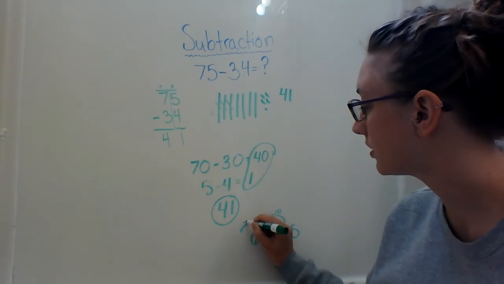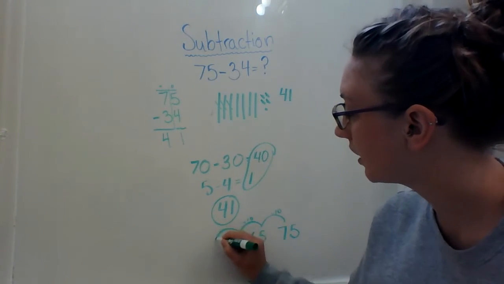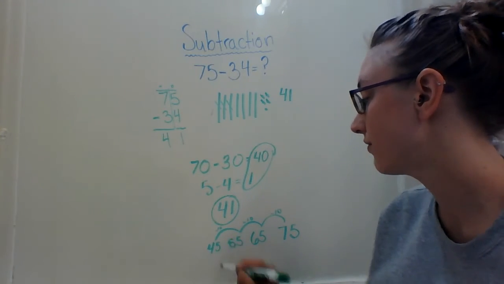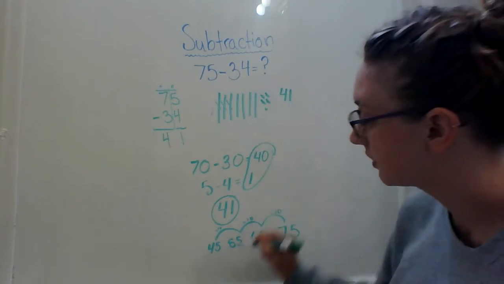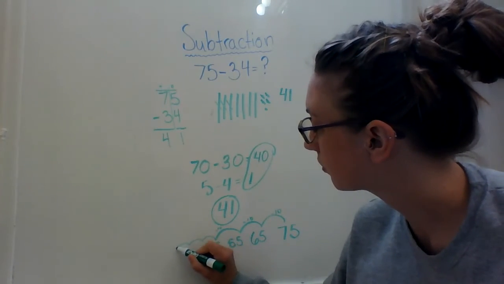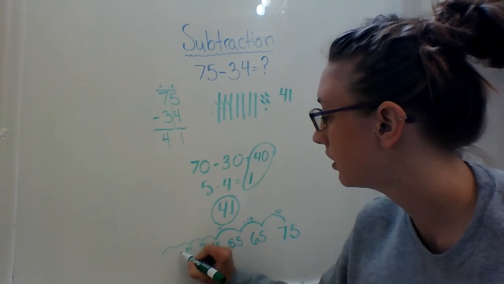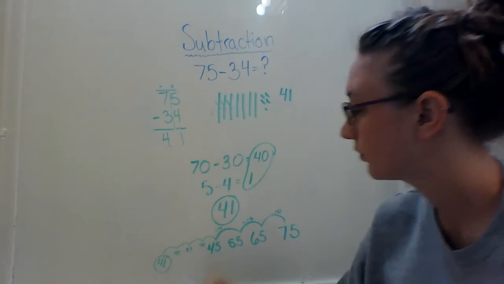Take away another 10, that would be 55. And taking away another 10 would be 45. So those are my 3 tens. Now I have to hop back 4 ones. 1, 2, 3, 4. So that would be 44, 43, 42, 41. Okay.